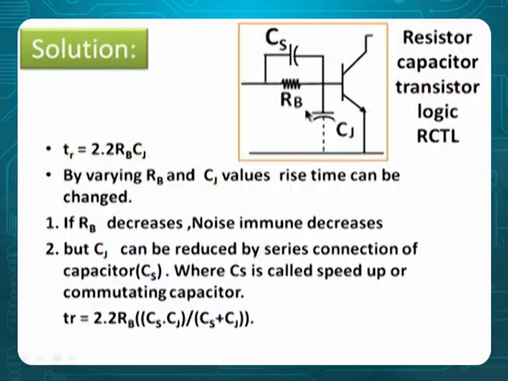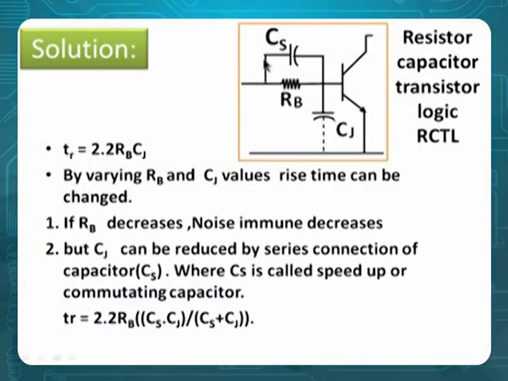This Cj is internal, so we cannot connect anything serially to it. You connect externally a capacitor in series. This is called CS. CS is called a speed up capacitor or commutating capacitor. This capacitor has a vital role in multivibrators when you talk about pulse and digital circuits.